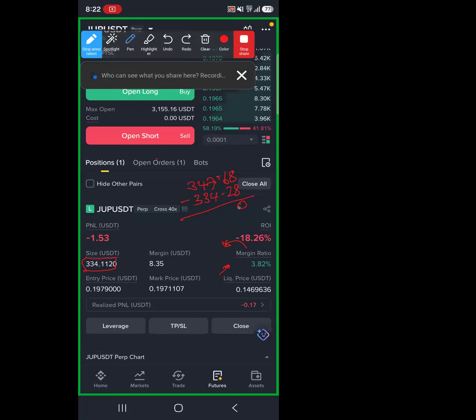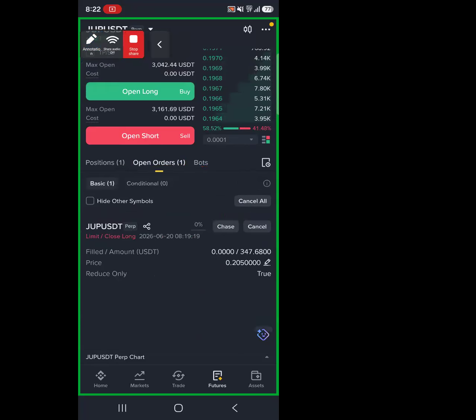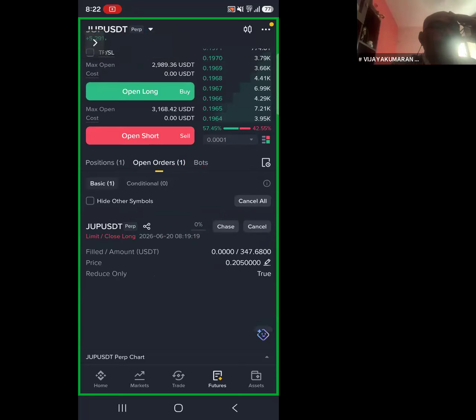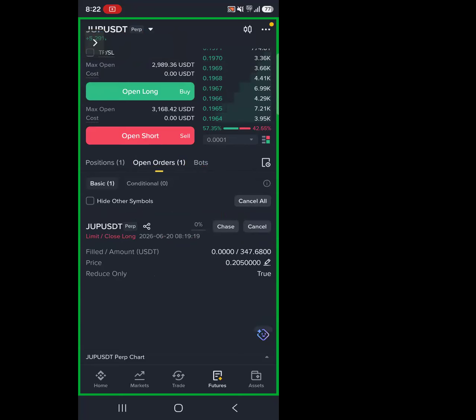This is 0, this is 4.31. So we shall have a profit of $13. So that is what we expect. When you add the profit 13.4, that is what you expect, and that is what is indicated in the order here. We shall get a total of 347.68 when the system finally closes the trade, right? Okay. So it's as simple as that. So I hope it is clear now.